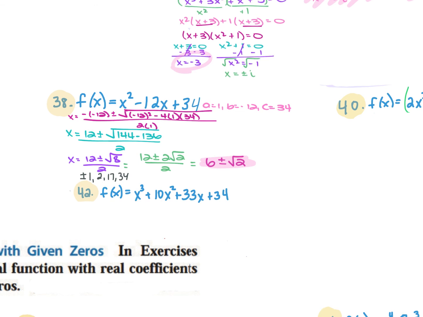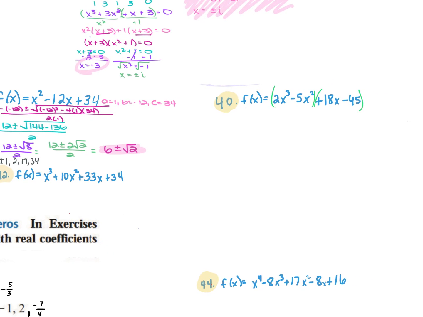For number 40, you have f of x is equal to 2x cubed minus 5x squared plus 18x minus 45. You have your grouping there already, so factor out your greatest common factor from each set. From the 2x cubed minus 5x squared, your greatest common factor is x squared. From the 18x minus 45, your greatest common factor is 9.